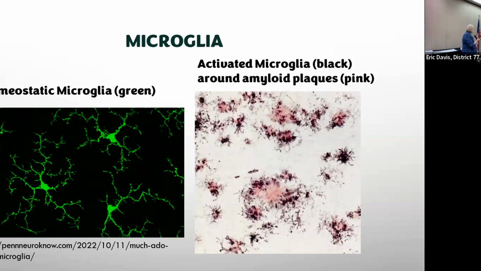And if you have really good eyes, you might see a couple of these that look like one cell with amyloid inside of it. Other people have maybe better pictures of that. But these are the microglia that are trying to respond to the amyloid plaques by phagocytizing it.